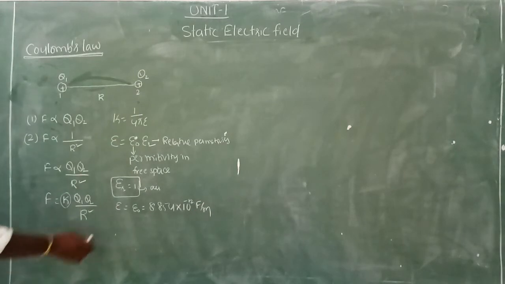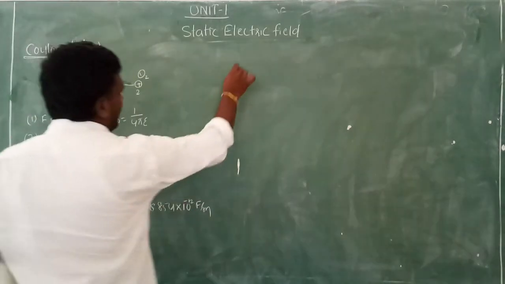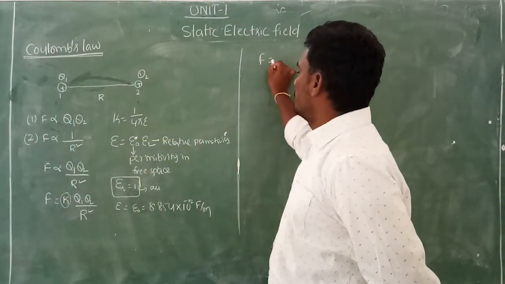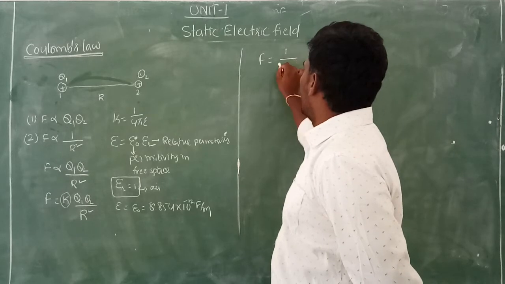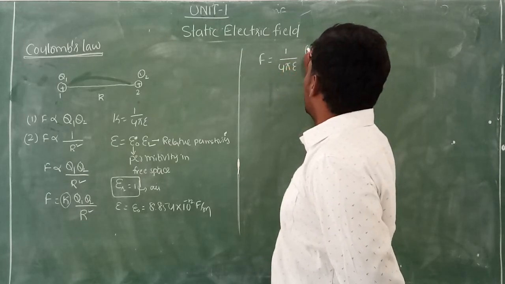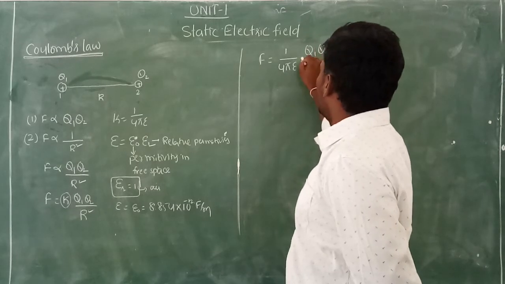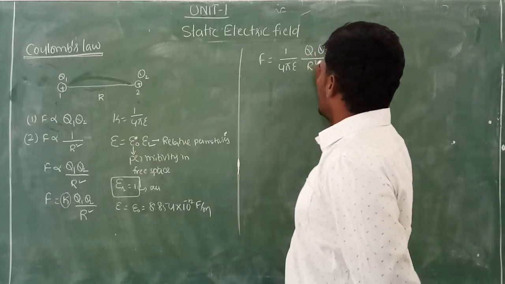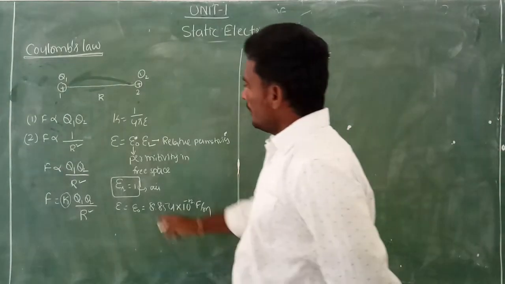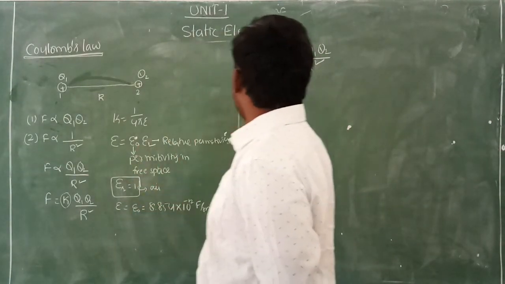Now I am substituting this k value in this expression, so that I get F is equal to 1 by 4 pi epsilon q1 q2 by r square. Now I am substituting epsilon equal to epsilon naught in this expression.